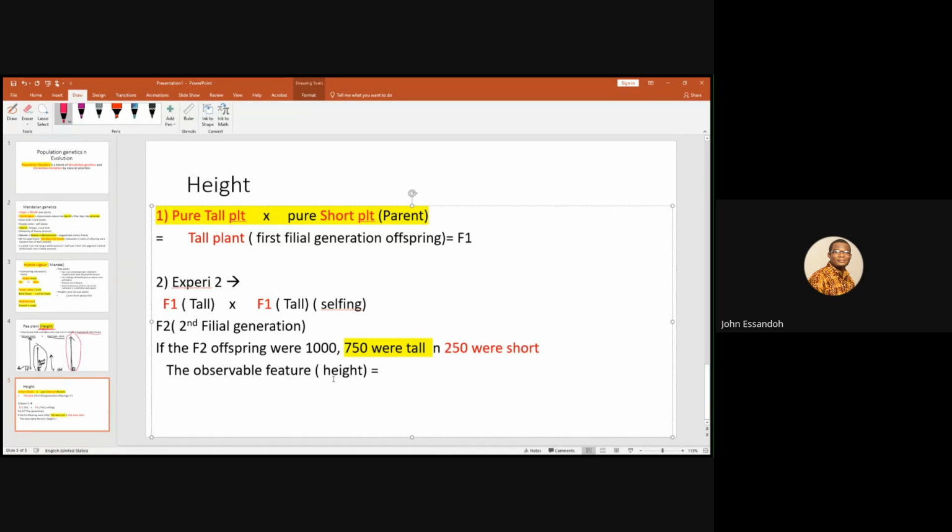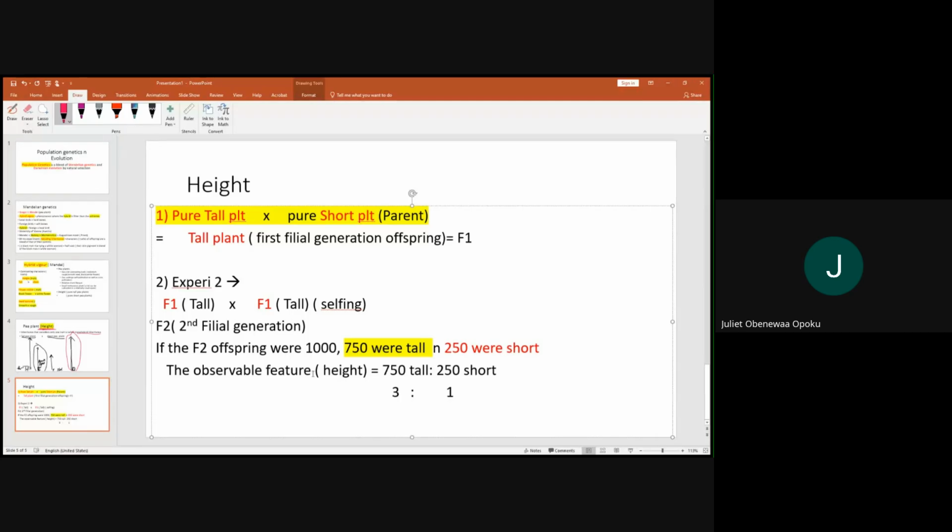If I should write 750 tall to 250 short, what is the ratio going to be? It's 3:1. 3:1. Do you all agree? Good.